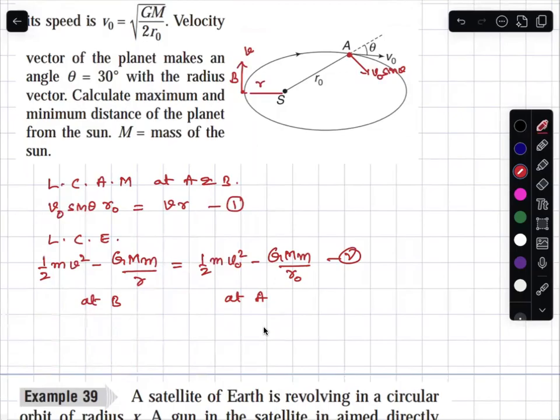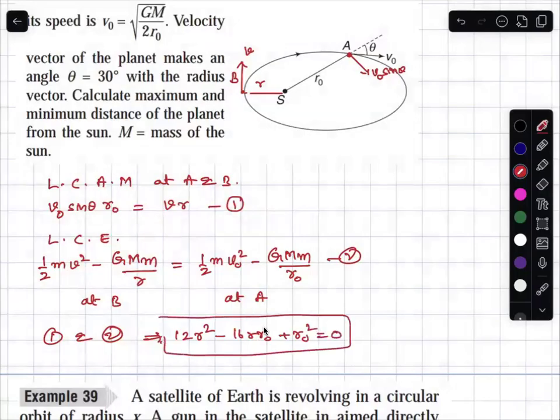From equations 1 and 2, you will get an expression in terms of R and R naught. That is going to be 12R square minus 16R R naught plus R naught square is equal to 0. You will get a quadratic equation like this.